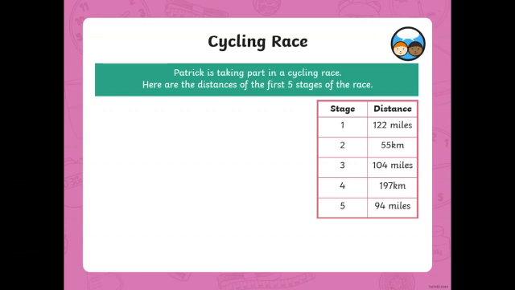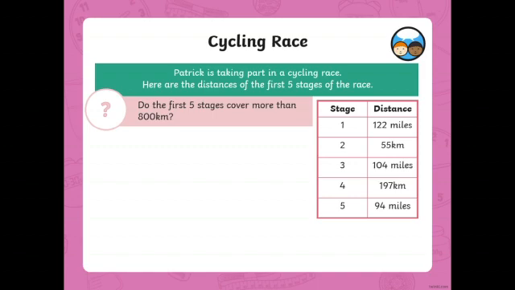I want you to see if you can work out if these first 5 stages all together cover more than 800 kilometres. Some of your stages are already in kilometres, but you can see there's 3 that aren't. So how are you going to convert those into your kilometres? Have a go at that challenge and then see if you can give me your answers.